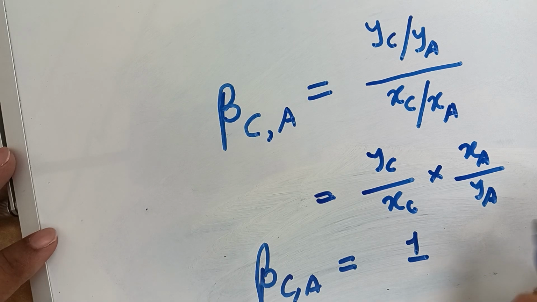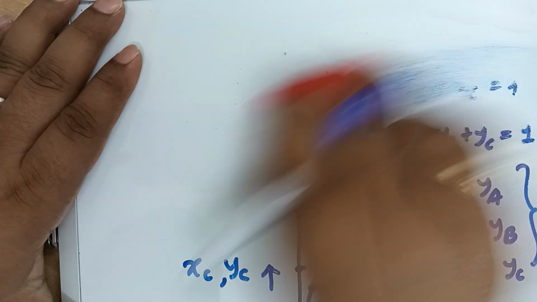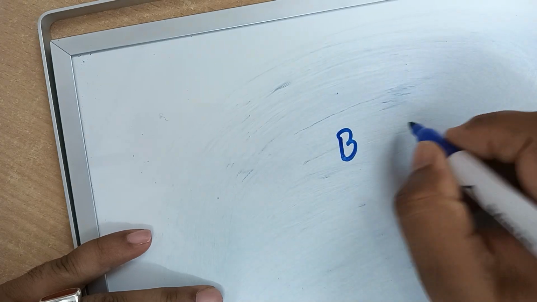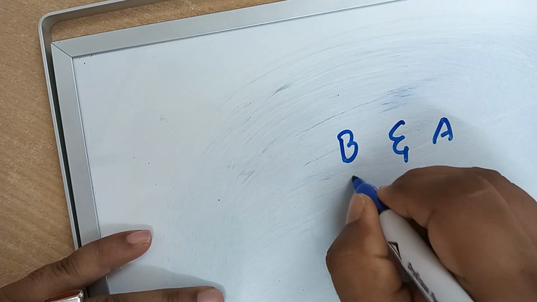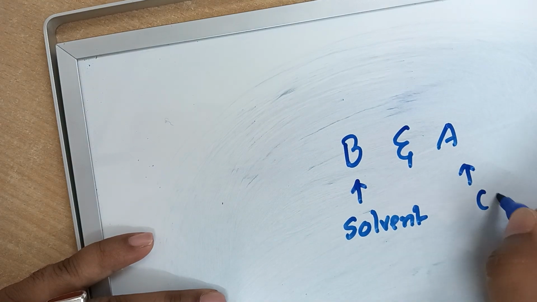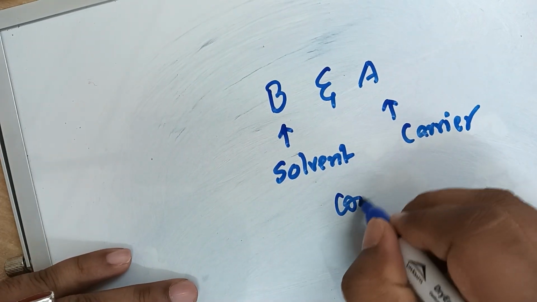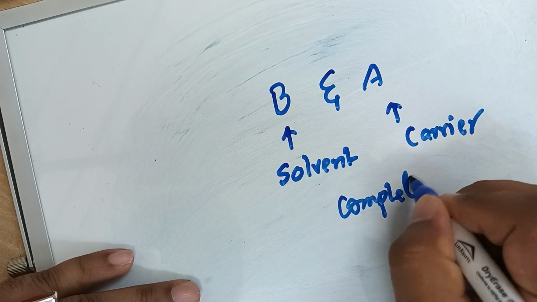Okay. Now comes the second scenario. And what is the second scenario? The second scenario is, suppose an ideal scenario where solvent B and carrier A, so this is solvent, this is carrier, have complete immiscibility into each other.